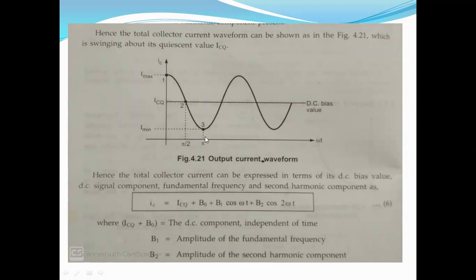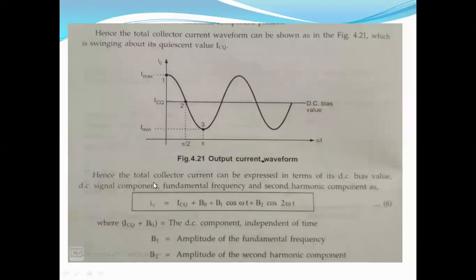By the use of these 3 points only, we are finding the distortion due to the second harmonic frequency. Next, IC is equal to, here we are also considering ICQ.